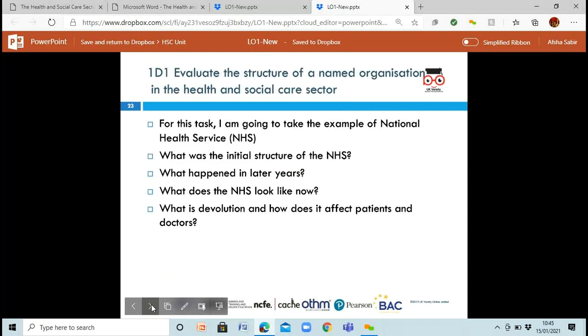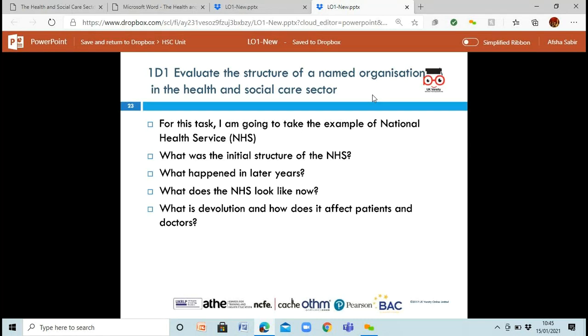So 1D1, this is the distinction. For the learners that missed the beginning, I'll very quickly recap our grading system towards the end. 1D1: evaluate the structure of a named organization in the health and social care sector. For this task, we're going to be looking at the National Health Service.